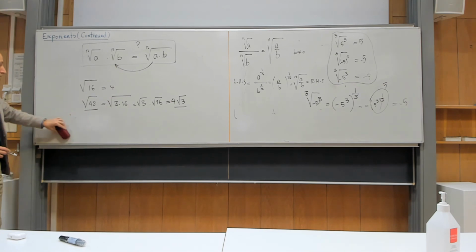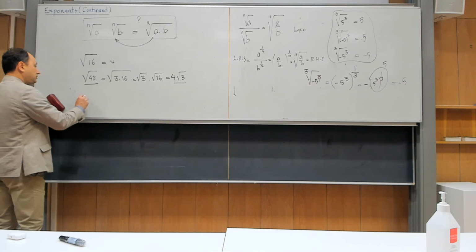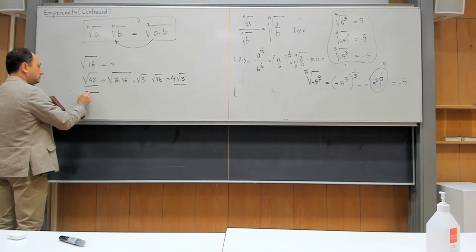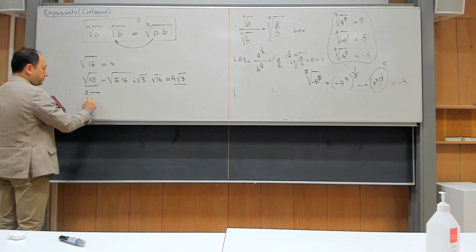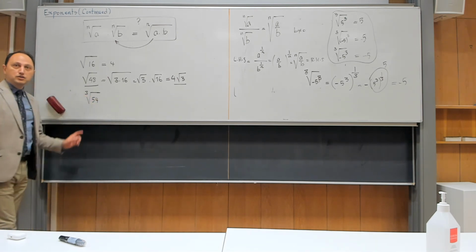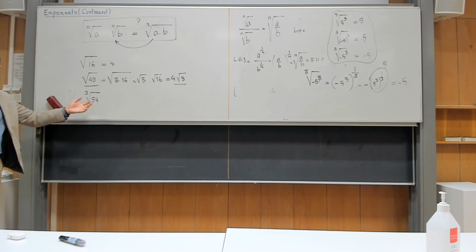For example, let me give you another example. If I give you the third root of 54, can you simplify it for me? Of course, is there any exact number whose third power is 54? No. The third power of 3 is 27.